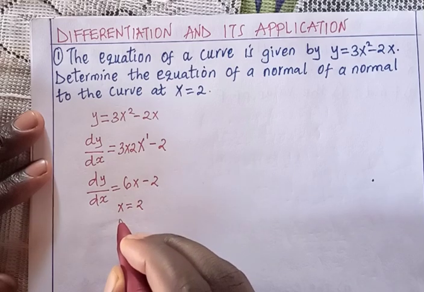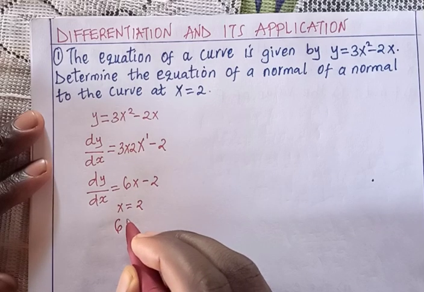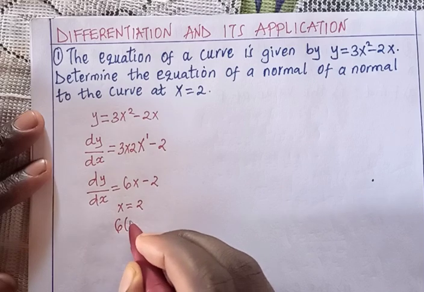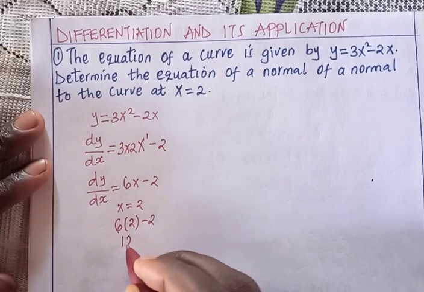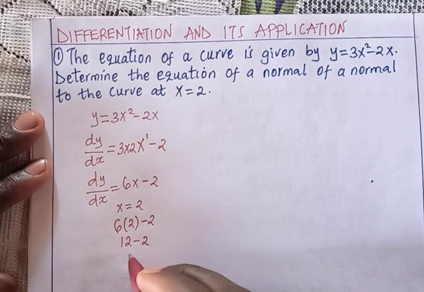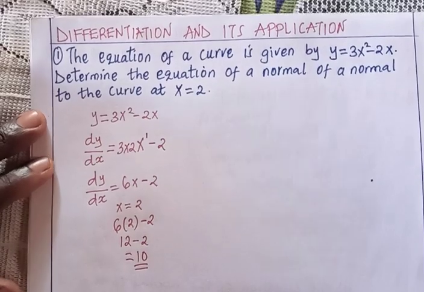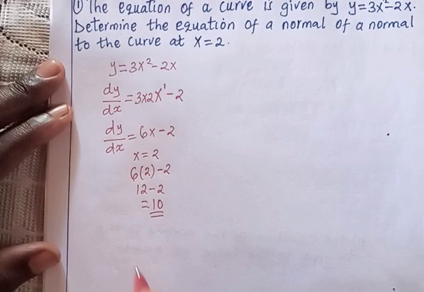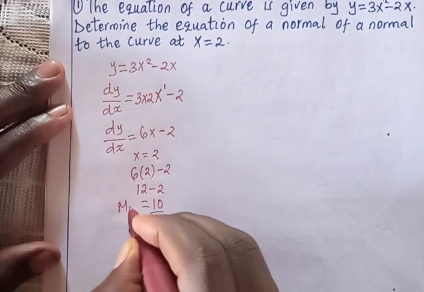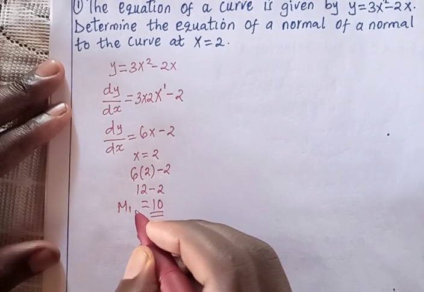So we have 6 multiplied by 2, then take away 2. You're going to have 12, take away 2. This is going to give us 10. So our first gradient, or our m1, is in fact 10.